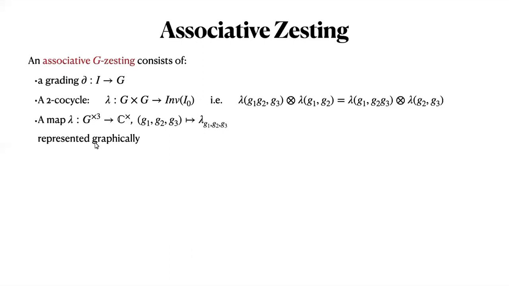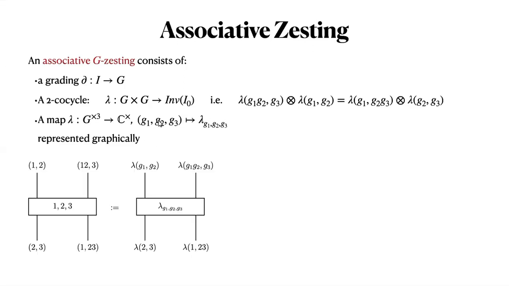And additionally, we need a map that goes from 3 copies of your group G to a complex number. And we will represent this as a morphism, because really that is what it is.